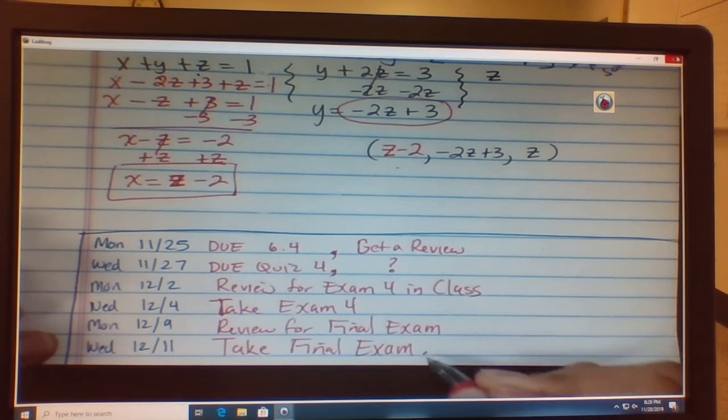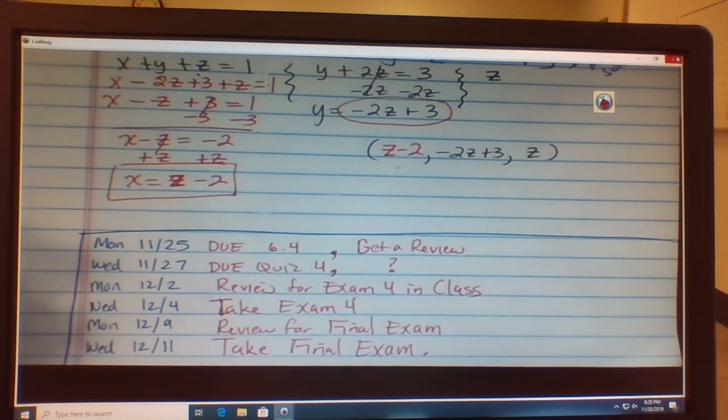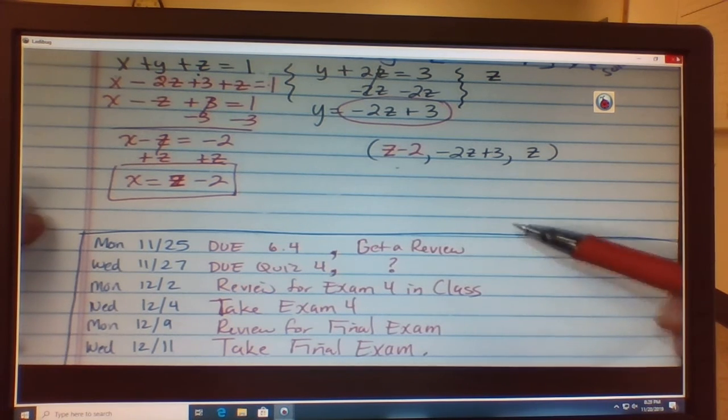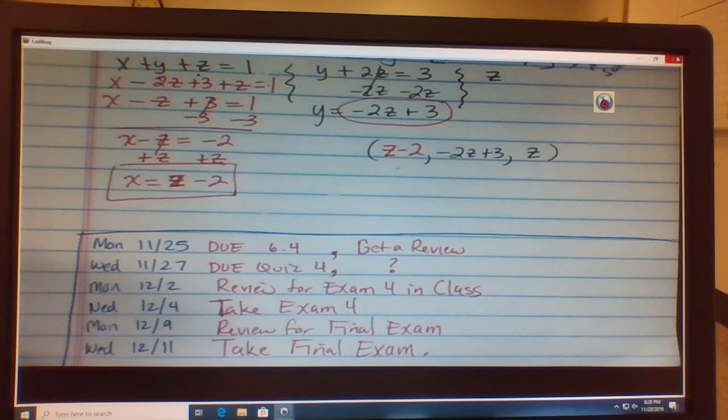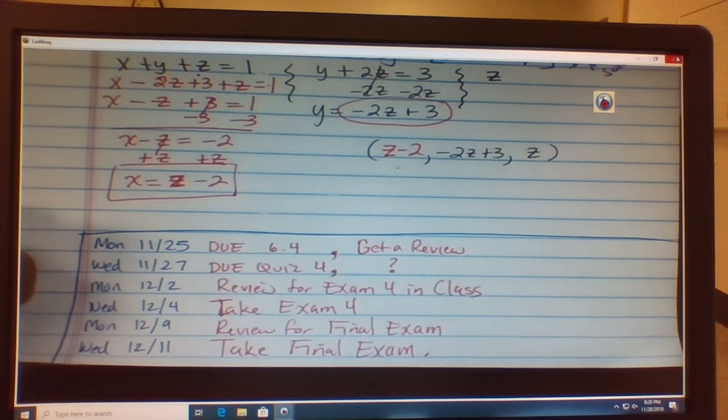Unless you have previously spoken to me, then I have an answer to your question. So this is what our schedule looks like. So it is very important that you are here. I only see you 6 days, 2, 4, 6, 3 more weeks. And it's review, test, review, test. It is very, very, very important that you are here for these days.